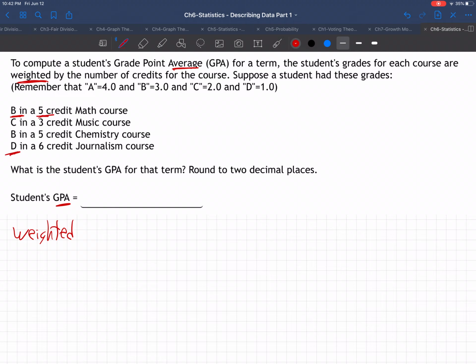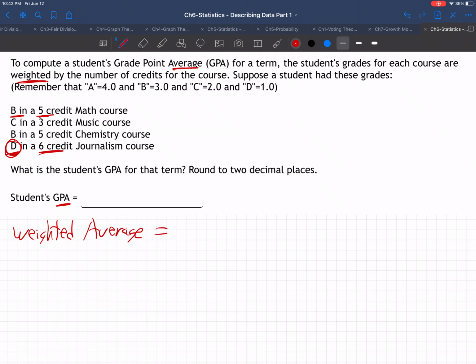The D is going to have the biggest, though, because that's in a 6-unit course. So that's a heavier weight, right? The more credits the course is, the more important that grade is because it weighs in more heavily. Whereas the C in the 3-unit music course is not going to weigh in very heavily because it's the lowest weight. So it's called a weighted average.